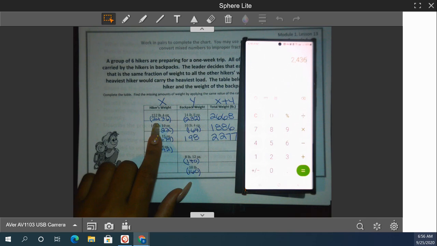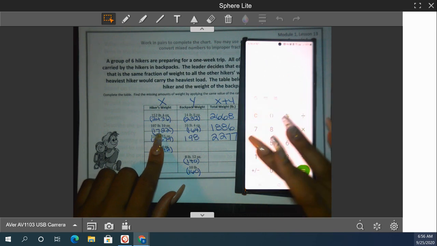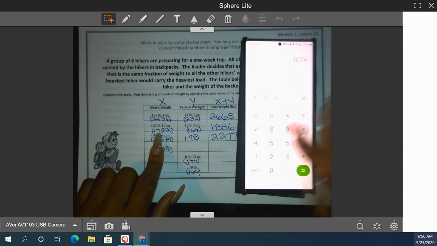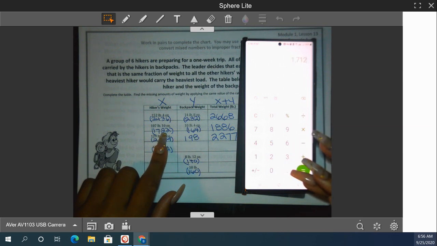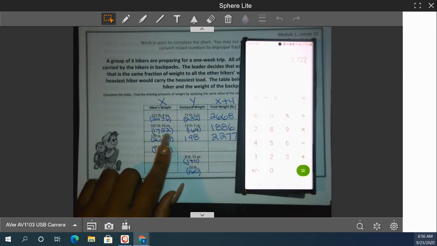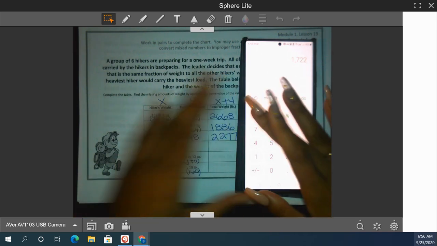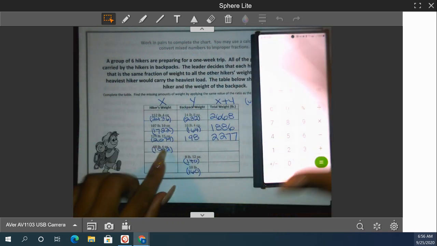And that's how I got my 2,436. I'll try this one. 107 times 16. Now that I got that, I'm going to add 10. Add 10, and I have 1,722. Okay? All right.